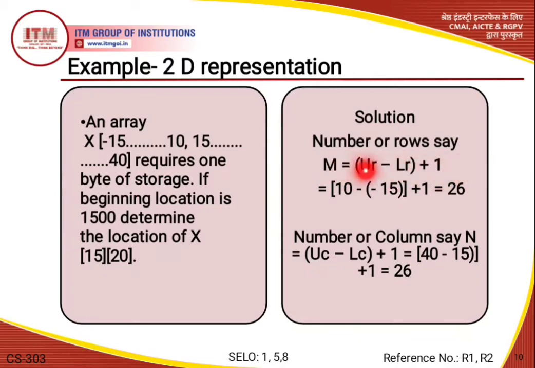Here ur represents the row upper bound, and lr is the lower bound of row.